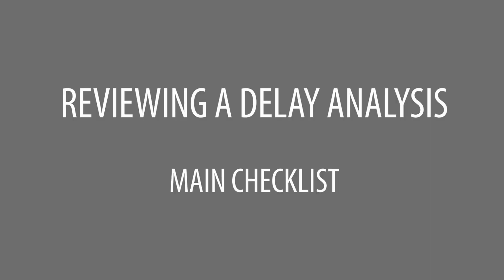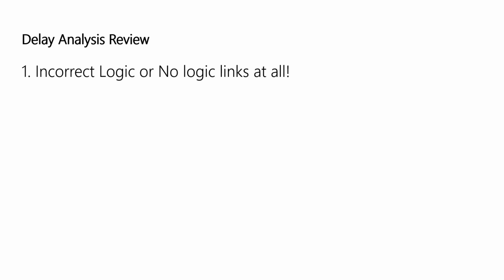Reviewing a delay analysis. If you're asked to review a delay analysis submission, you could use this checklist as a guide. First, scrutinize the program for incorrect logic and check if activities are present without any logical links. This could seriously affect the credibility of the program.